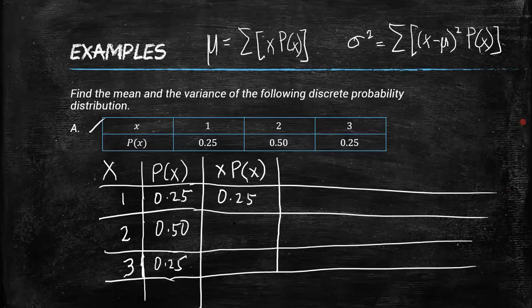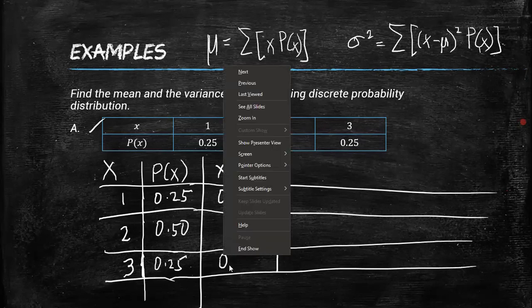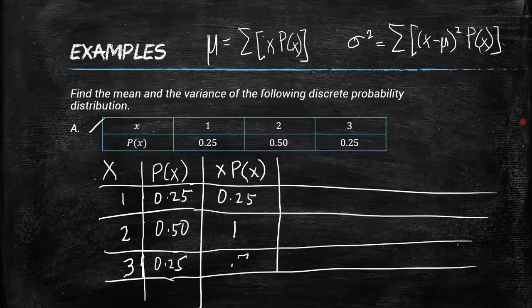How about 3 times 0.25? 0.75 po. What's the sum? Hanapin, since dito, class, sa mu, ang formula natin is summation of x times p of x. We already have the x times p of x, ito na yung tatlo. And then, hanapin daw yung summation. Pag nahanap na yun, yung summation niya, yun na yung mu natin.